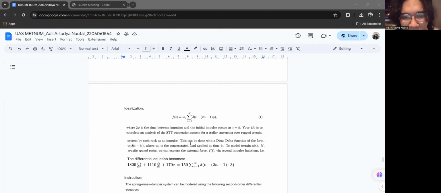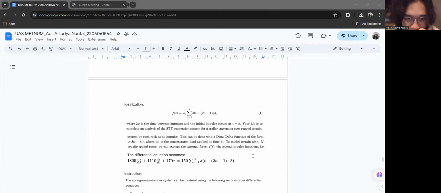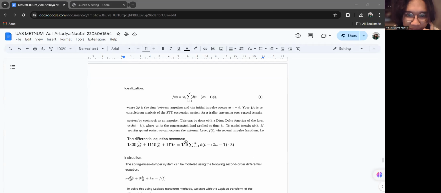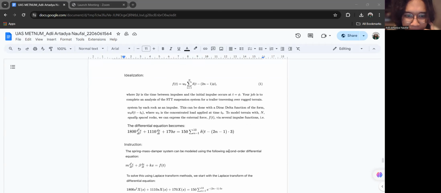Model each rock as an impulse. This can be done with a Dirac delta function of the form, and to model the terrain with n equals some number of rocks, we can express the external force function of t via several impulse functions. And the differential equation becomes this.